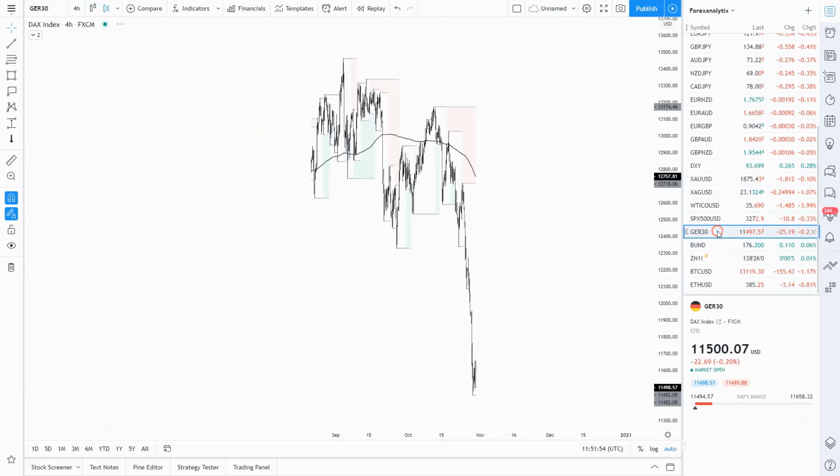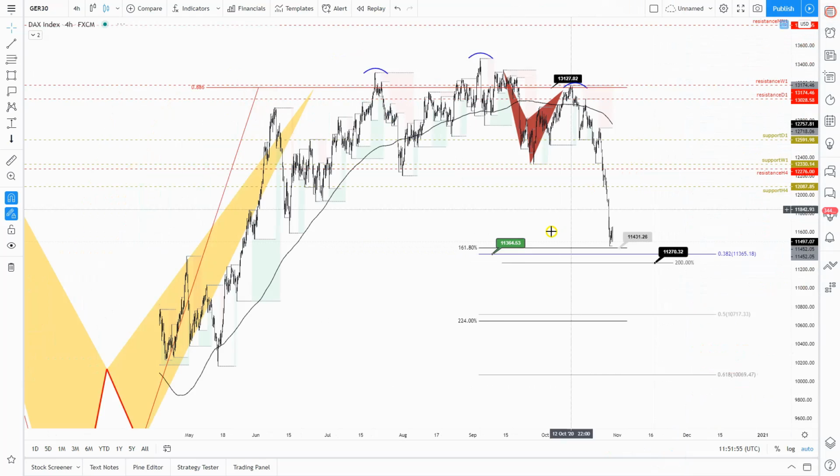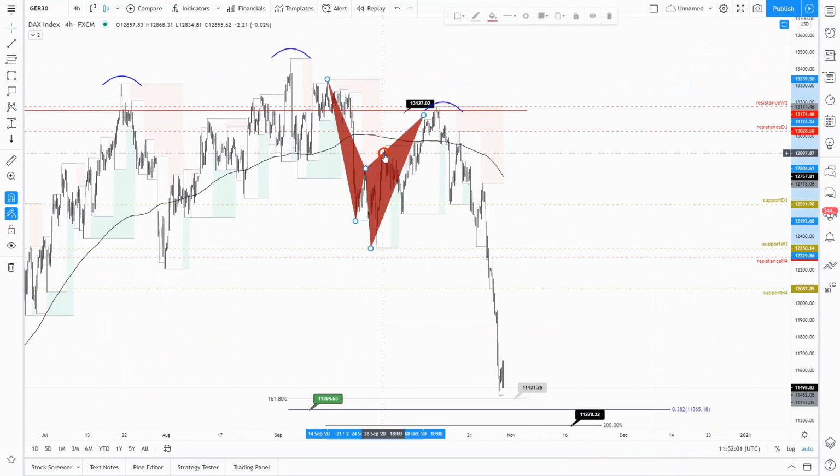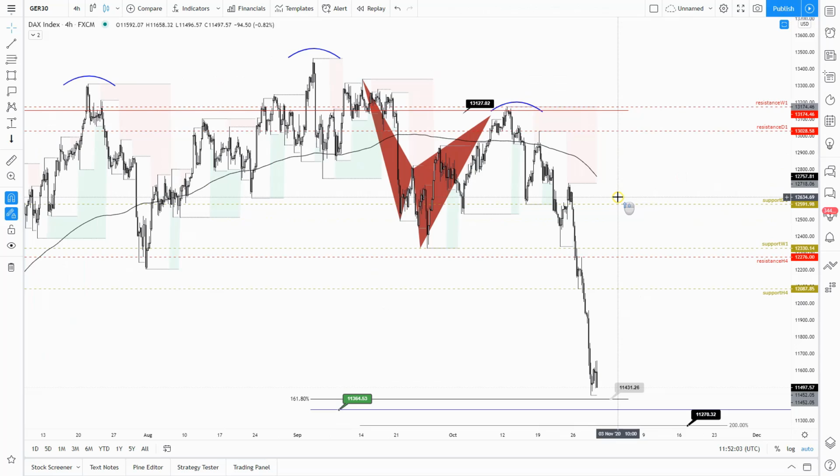S&P, equities, the DAX, a few patterns there, heads and shoulders, bearish, sharp pattern there. Well, what happened then?